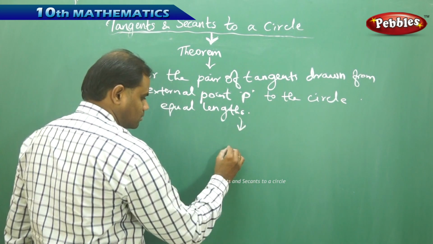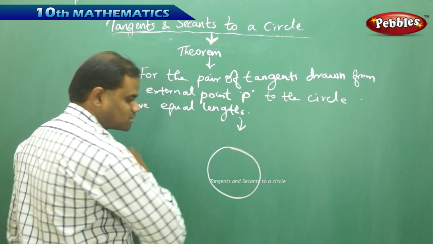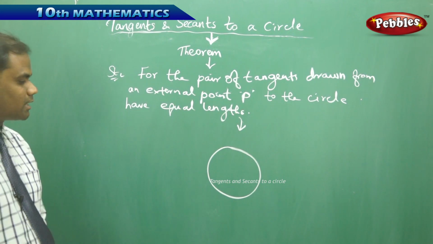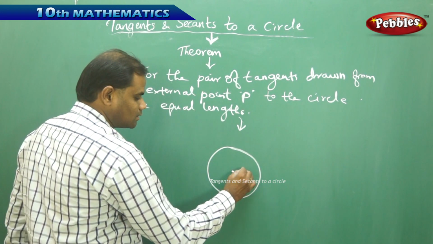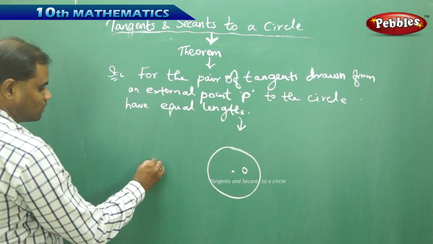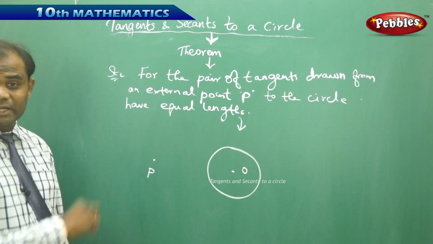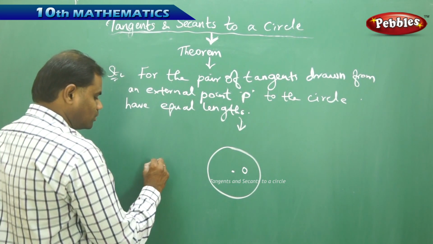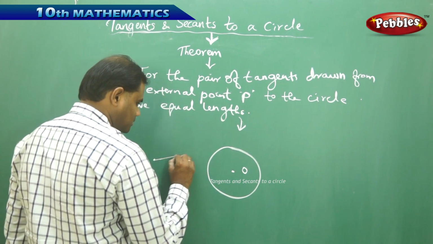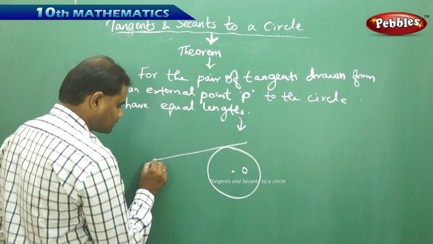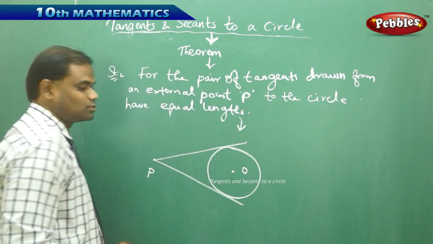To understand more through the diagrammatic representation, geometrically we understand that if this is a circle with say center O, then from an external point or a point outside the circle, if I draw, we know that clearly we can draw only two tangents, tangent 1 and tangent 2.